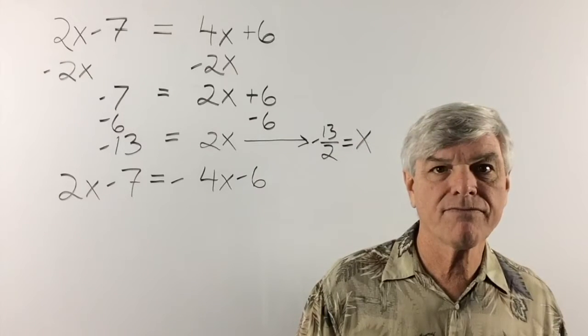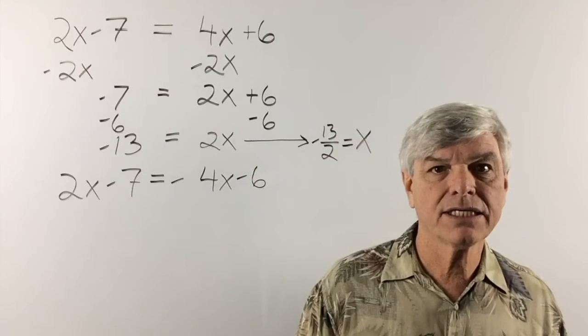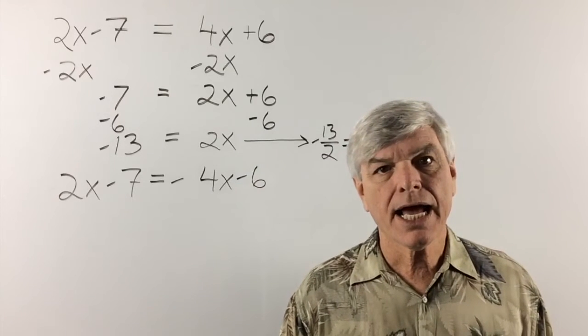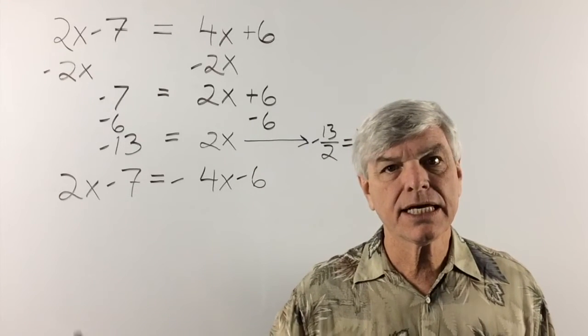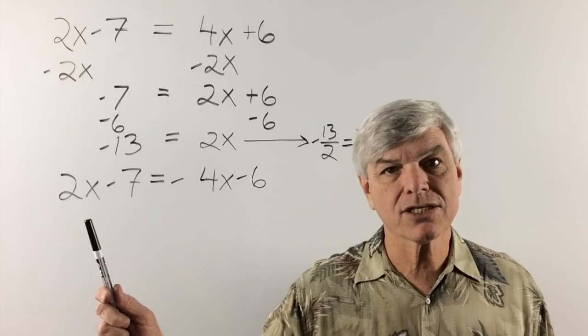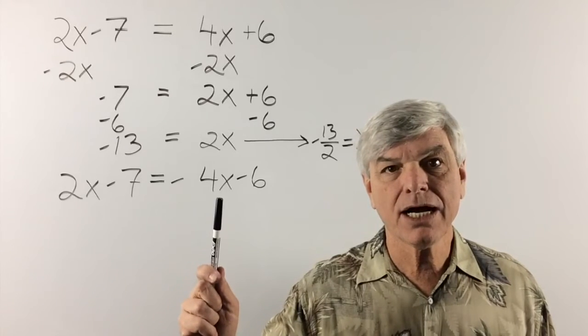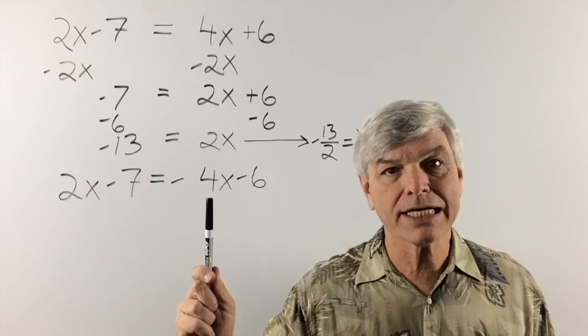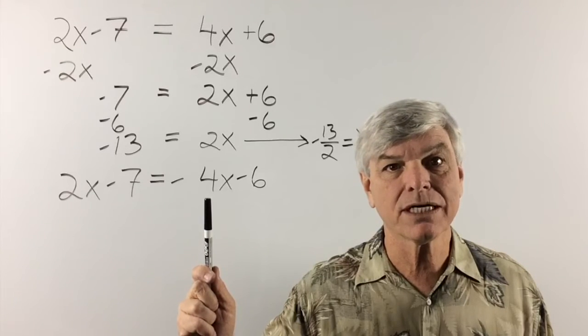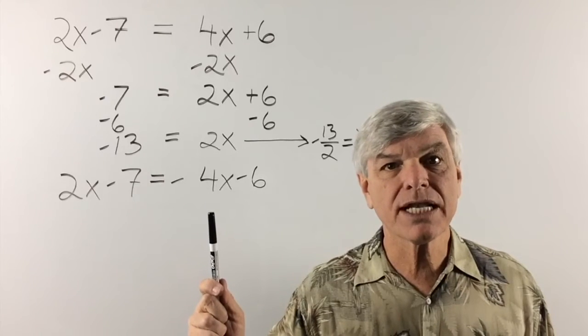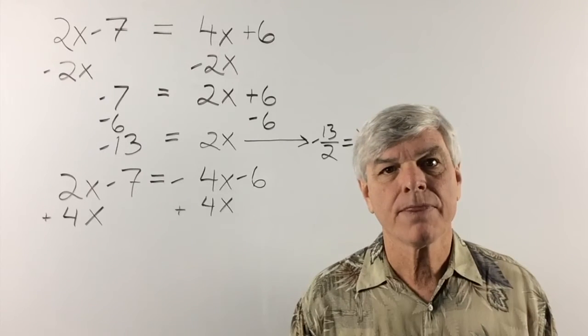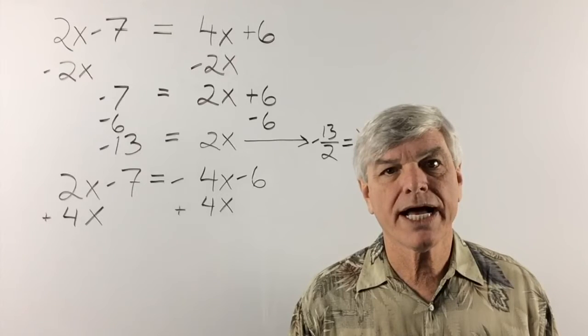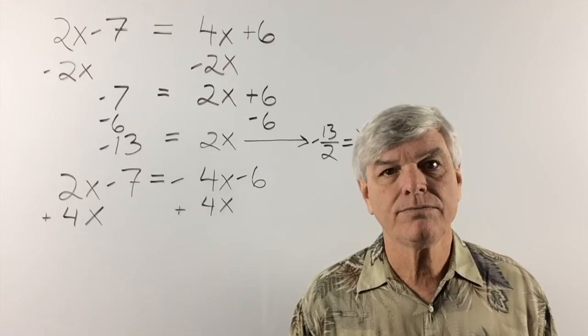So let's perform the function of the next equation. And as you can see, in this case, 2x is the larger x. No, negative 4x is not larger than 2x. A negative number is always smaller than a positive number. So let's bring the negative 4x over with the positive 4x, let's bring everything down.